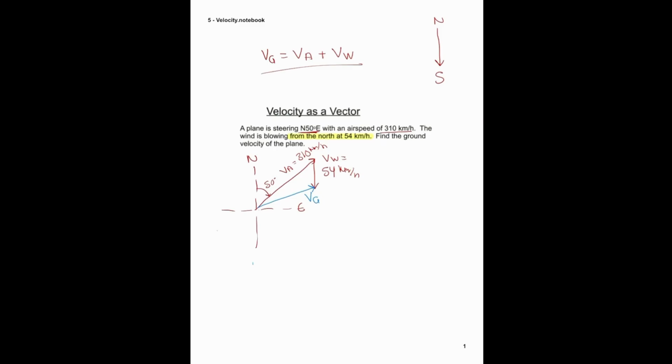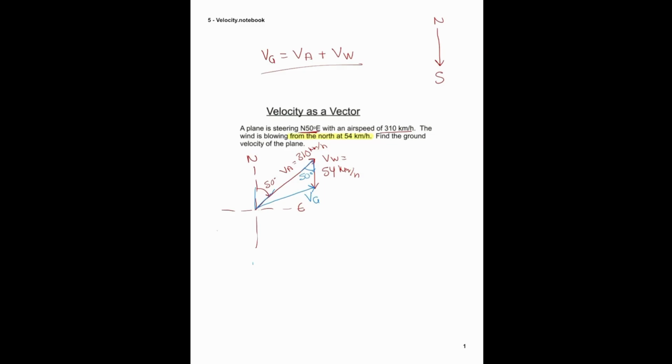In fact, we can go ahead and figure this out. Remember, we're going to find both the magnitude and the direction. We're going to find the magnitude using our cosine law, because using our law of triangles, we know that if this angle is 50 degrees, then this angle is also 50 degrees. So I have two sides and an enclosed angle.